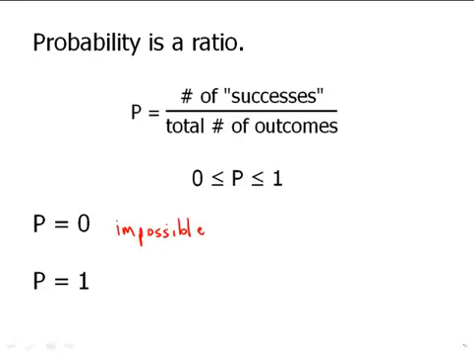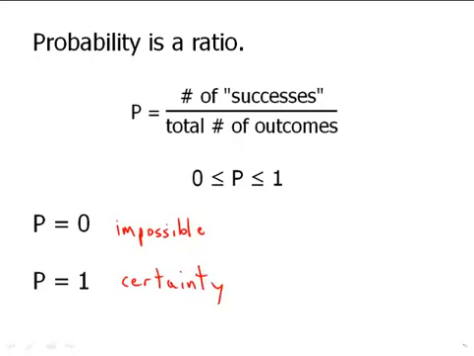That's what a probability of 0 means, that something is impossible. By contrast, if something has a probability of 1, that means the numerator and the denominator are equal. That means every single time you have a trial, every single time you get any kind of outcome, that outcome is a success. So success happens every single time. And so this means that success is certain.